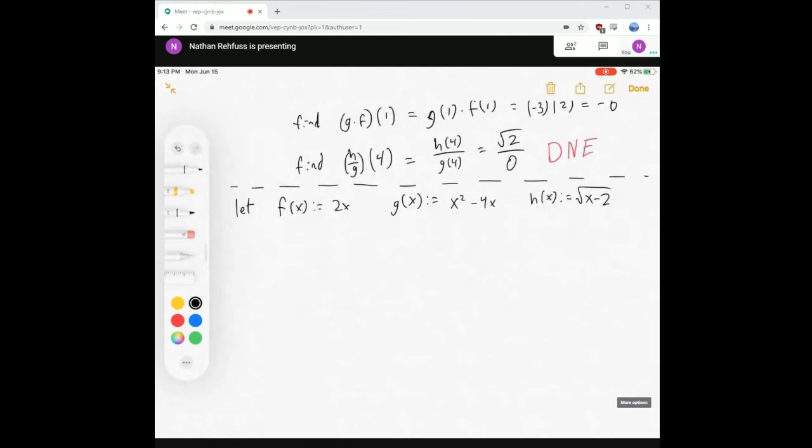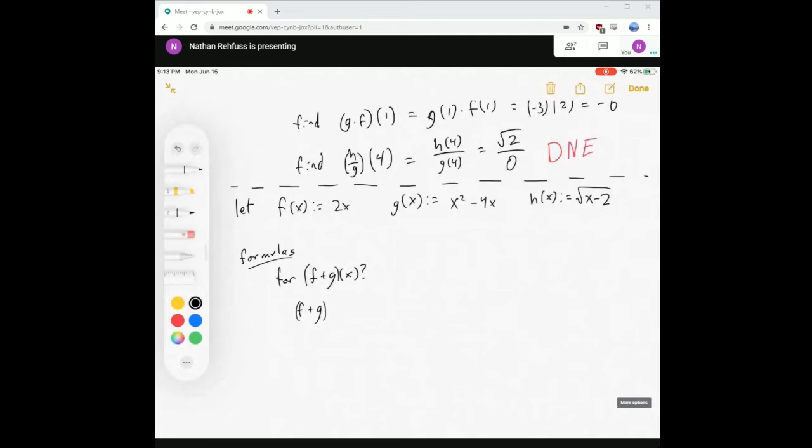Now the next thing I want to do is find formulas. So I could ask, what's the formula or what's the algorithm for f plus g of x? And the way we'd get that is, well, it's just going to be the formula.